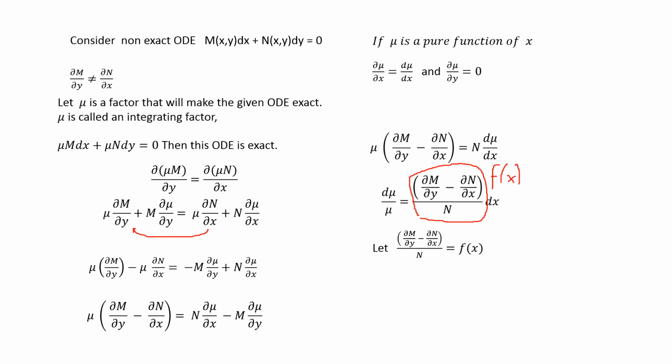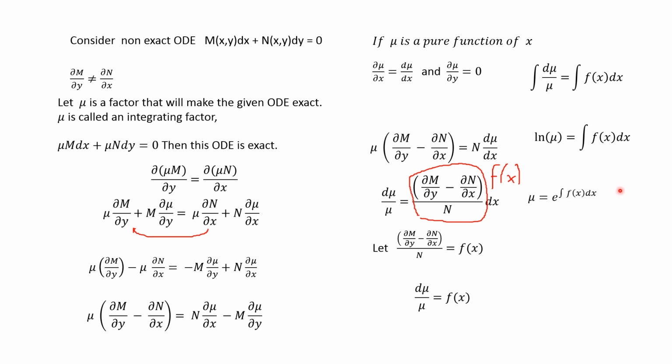Therefore we can integrate now. Then d mu over mu becomes f(x). Integrating both sides, you have the integral of d mu over mu is the integral of f(x) dx. We have ln mu equals the integral of f(x) dx.